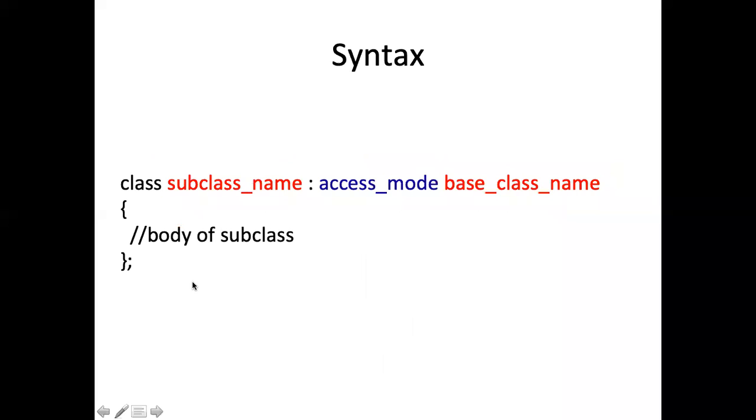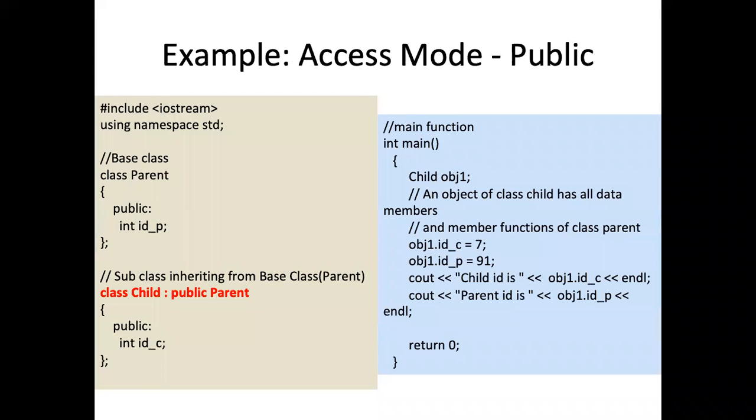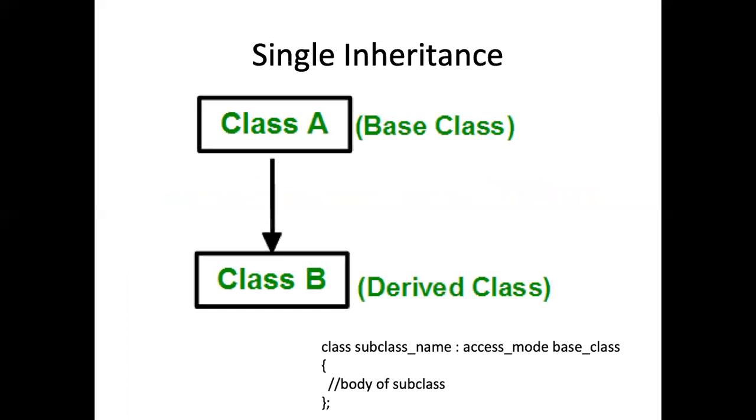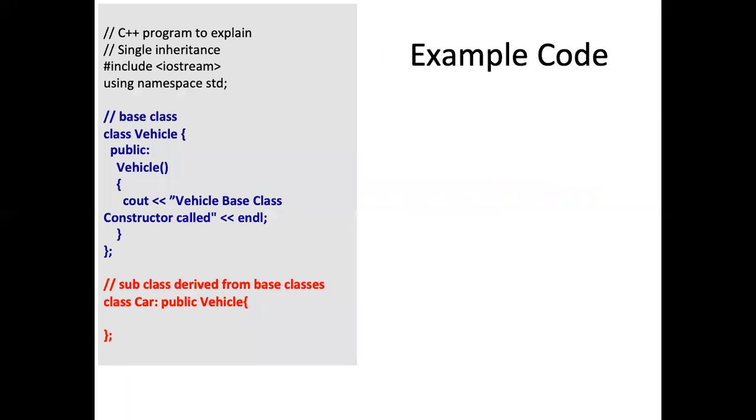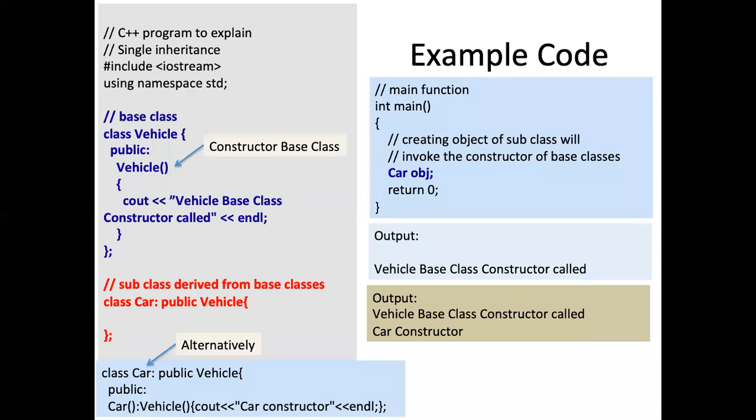We discussed the syntax for writing code that has a derived class and a base class. Some sample code was also discussed, and we discussed how the constructors are called in case of inheritance.